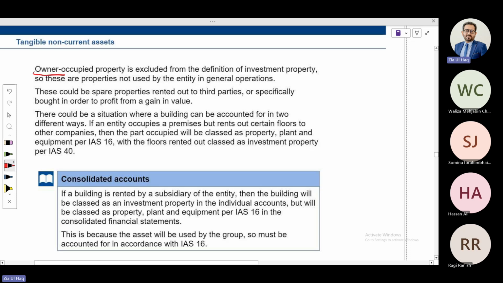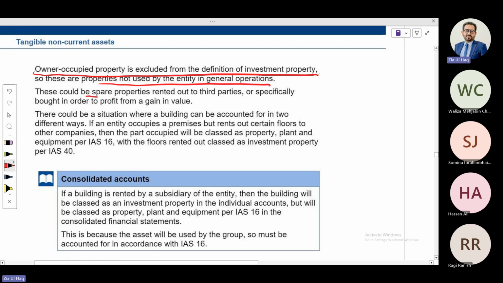Owner occupied property is excluded from the definition of investment property. If any property is owner occupied, he is using that property, that should not be part of investment property. That is his personal property. So these are properties not used by the entity in general operations.